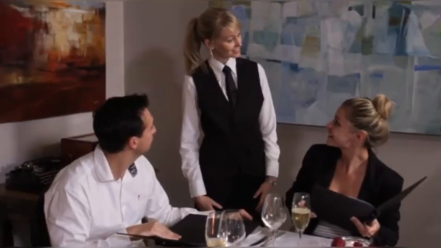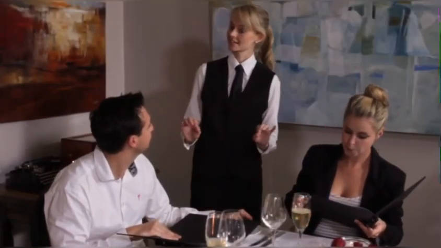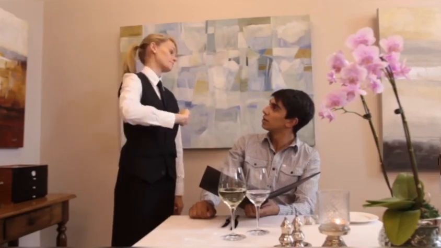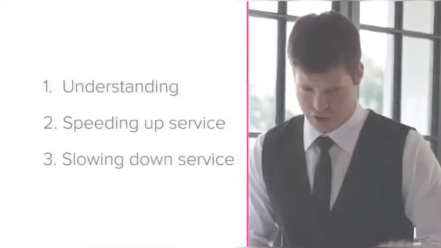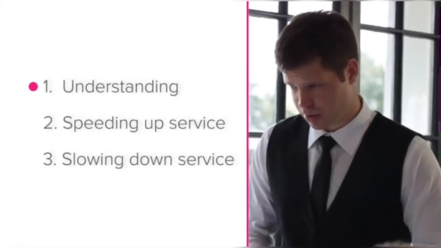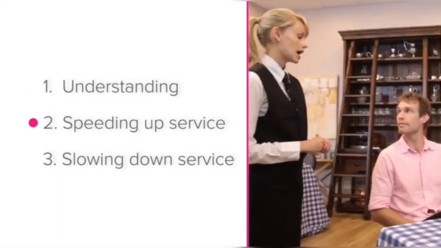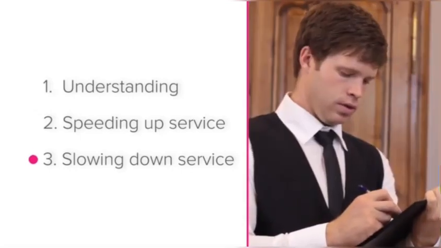Some examples of tables where you could apply this approach is with couples on a romantic dinner or guests on holiday. So in this lesson, we looked at the following points: understanding staggering, speeding up service, and slowing down service. Good luck adjusting your service for your establishment and guests.